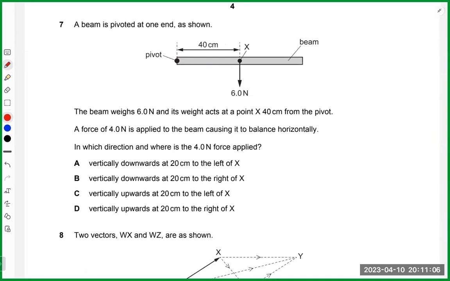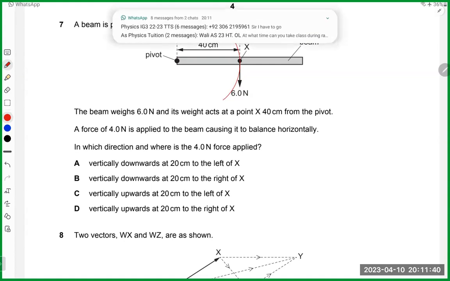A beam is pivoted at one end. As shown, the beam weighs 6 newtons. The weight acts at the point 40 centimeter from the pivot. The force of 4 Newton is applied to the beam, causing it to balance horizontally. In which direction and where must the 4 Newton force be applied? Listen, this weight will be producing a clockwise turning effect.